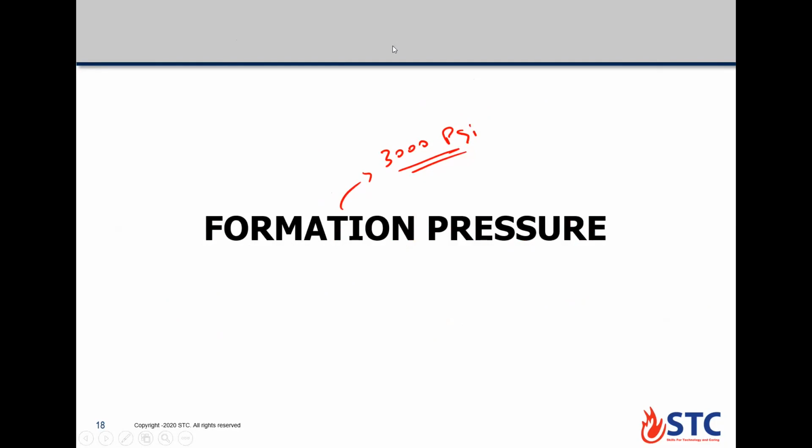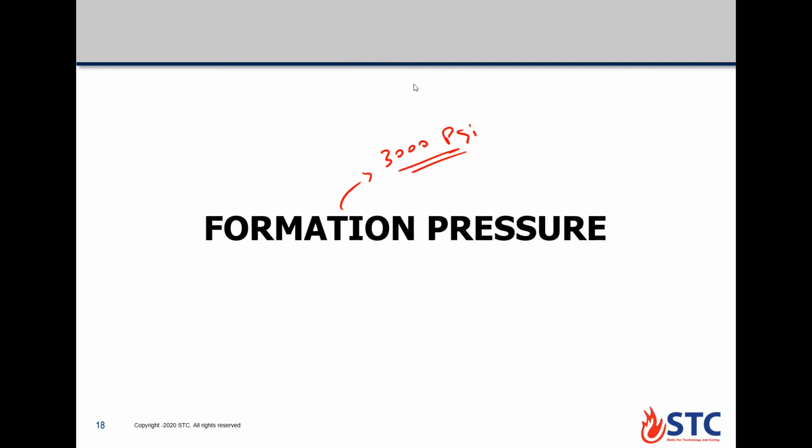What does this formation pressure mean? Pressure in the wellbore is 3000. Okay, thank you.